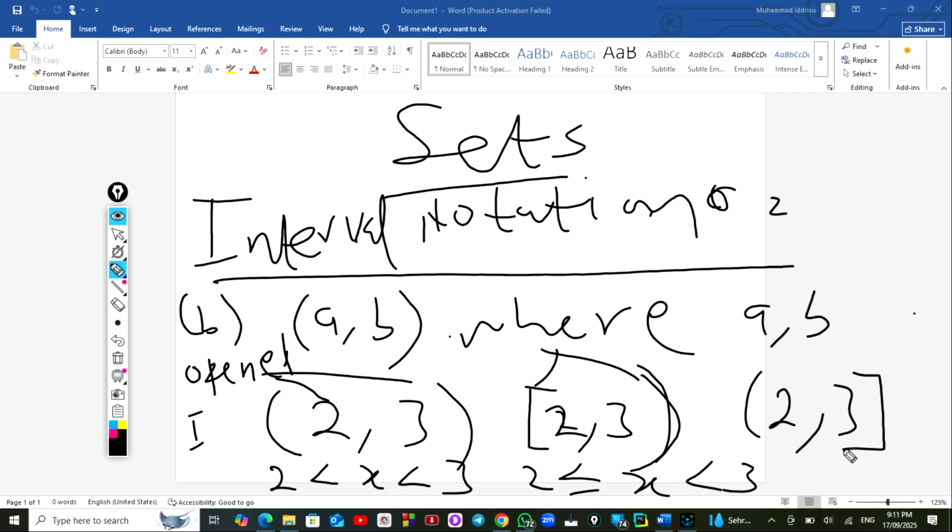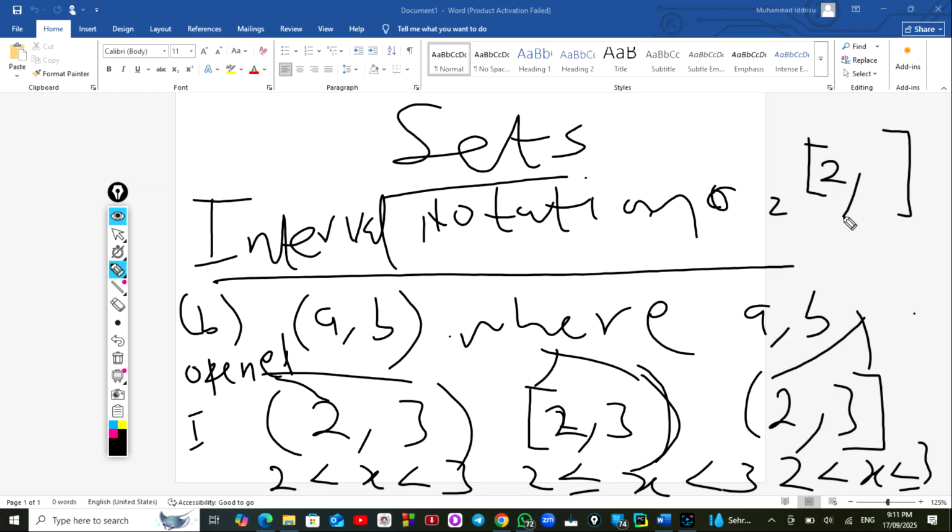It's the same thing whether one-sided open or one-sided closed. So this one is 2 less than x, this time around less than or equal to 3. Then we have the final one, which is both sides closed. It is just known as the closed interval.